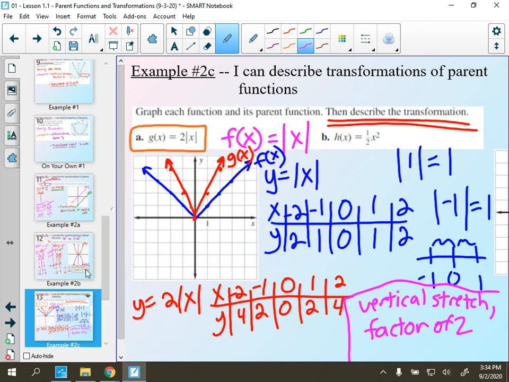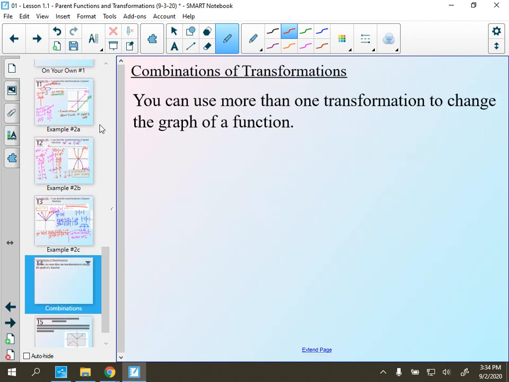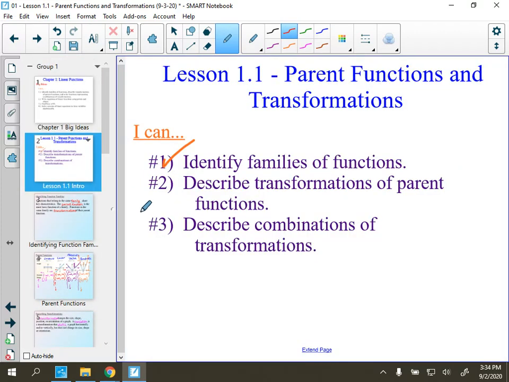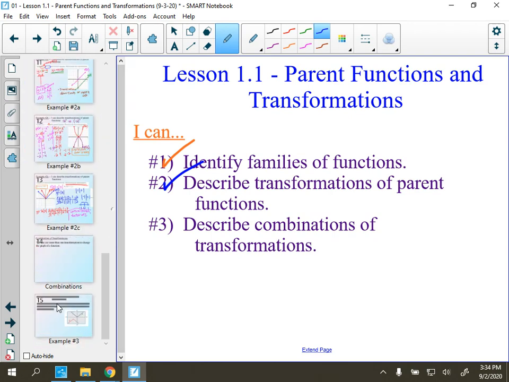That's a long lesson, extremely long. Keep in mind, I'm making these notes so that you can skip around and look at different sections. This covers our third big idea: we can describe these transformations, we can make the graphs, and we can describe combinations without even a graph, though this one has a graph for us.